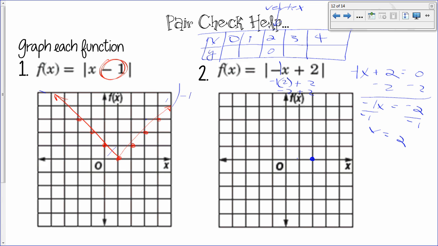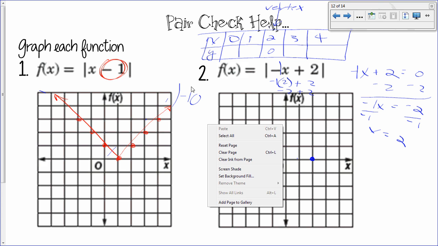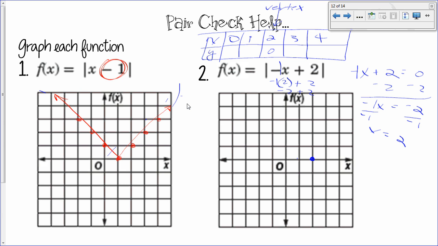Okay, that's negative 1 times 0 plus 2. What's that give me? 2, doesn't it? Negative 1 times 0. Okay, so this is going to be 2.